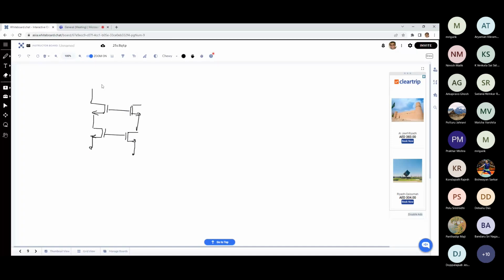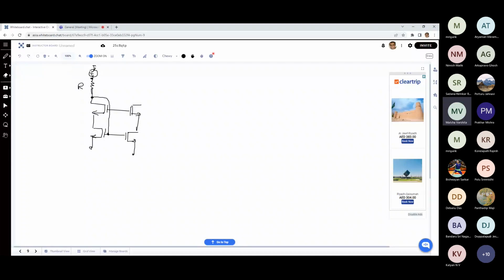So now the strategy over there is that you have a current source, and now you put a resistor over here, and the bias connection goes like this. The gate of this one is connected to the lower end of the resistor. The drawing sometimes gets messed up, so let me draw the current source properly.